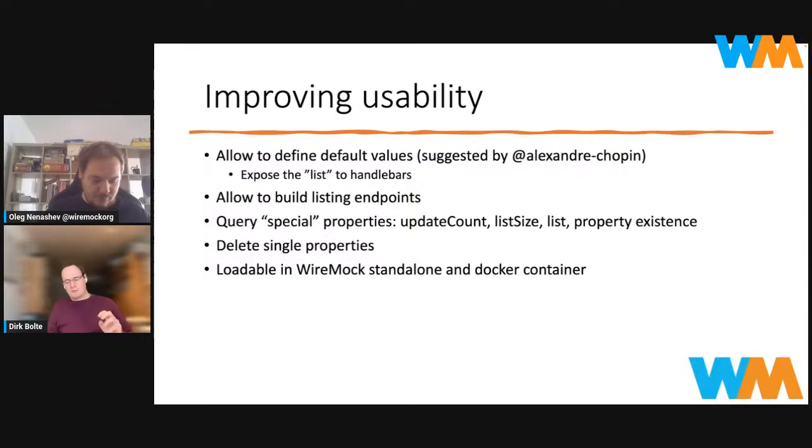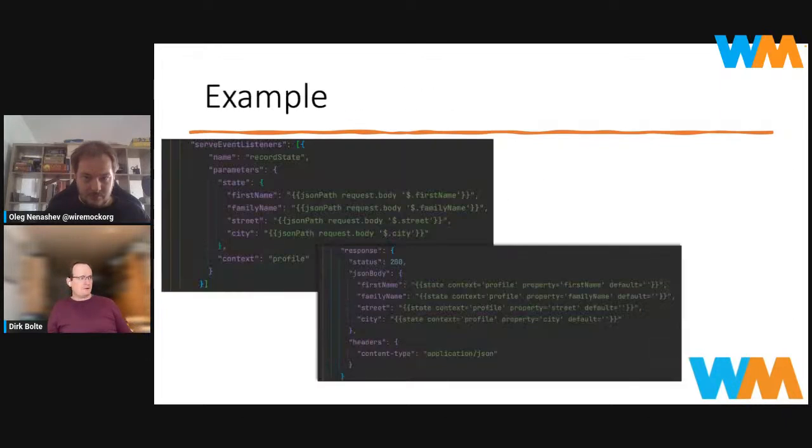And there were various minor extensions, like seeing how many times a property was updated, seeing how many entries are in the list, being able to access the property or list property as its own to actually make it usable in Handlebars, and being able to delete a single property. So for example, if I now have this first name, I want to delete this first name so that it's just not there anymore.